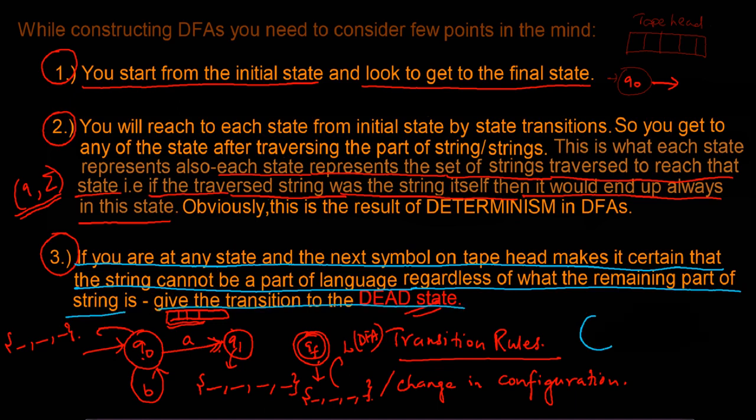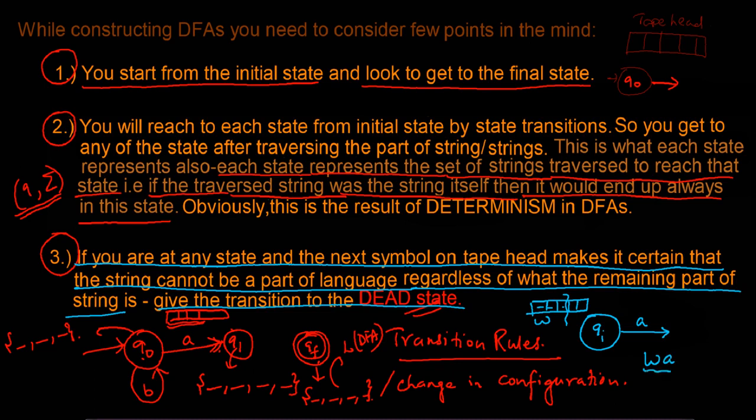Let's say you are at a state QI, having traversed some part of the string, say W, on the input tape, and you see symbol A. The string traversed so far is WA.